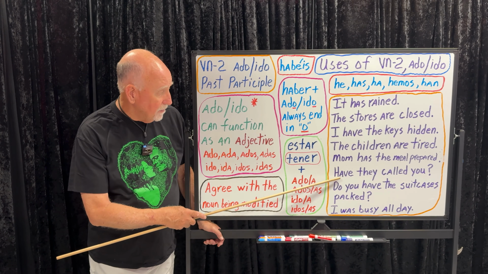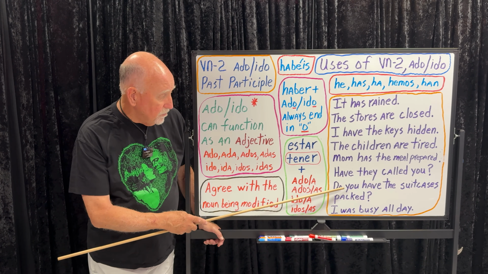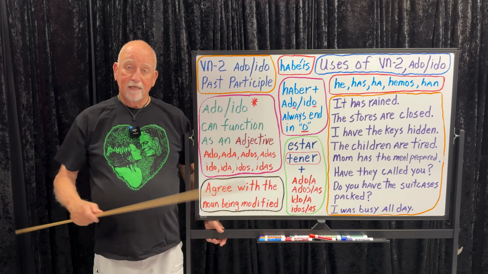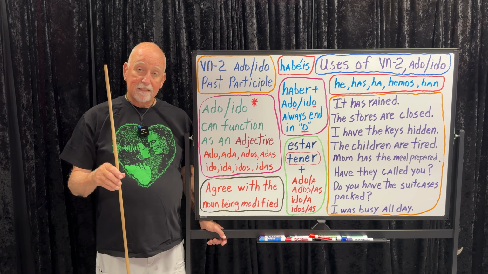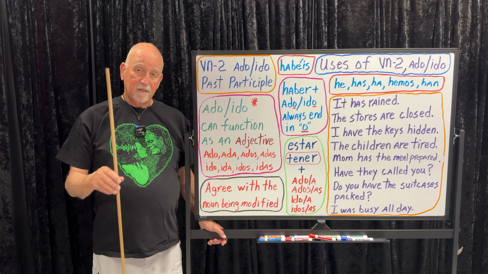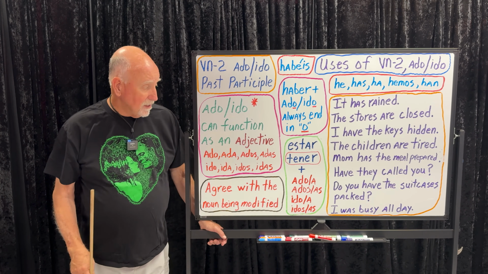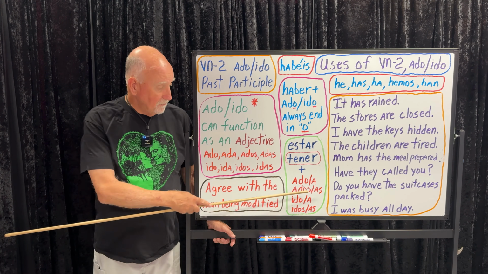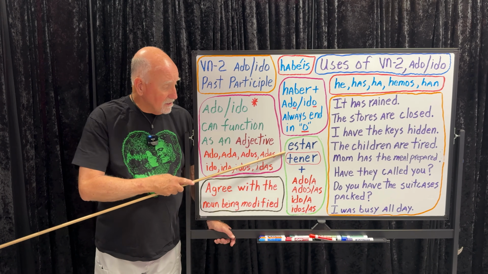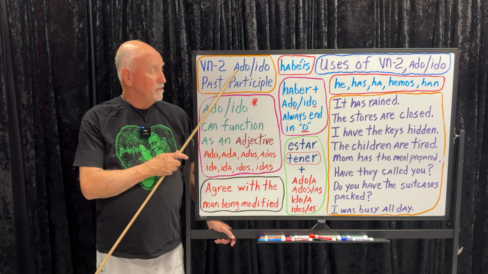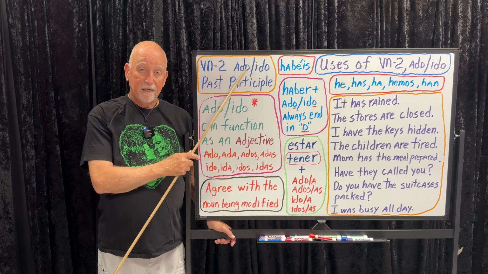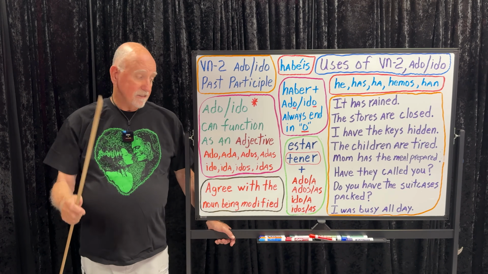Now, let's go here. Do you have the suitcases packed? To pack suitcases is hacer las maletas. Hacer, H-A-C-E-R. Hacer las maletas. Do you have the suitcases packed? So it'd be tener. And tener has this little thin red line around it because there is an exception where you can use it just with the ado, ido straight, ending in O. We'll get to that in our next lesson.